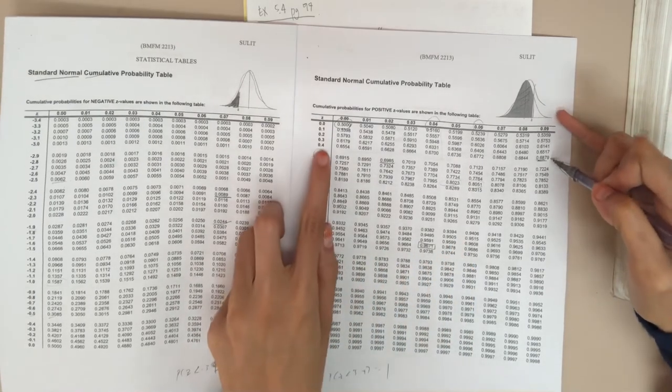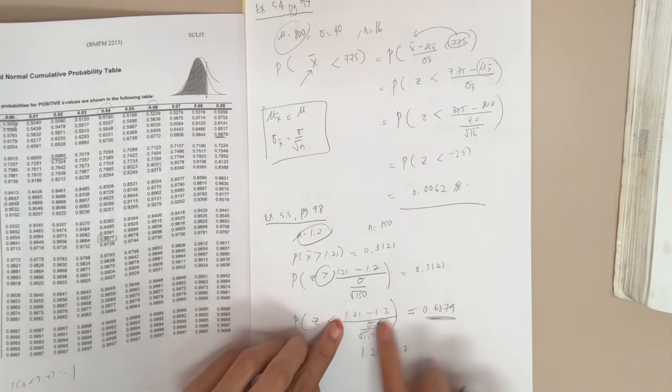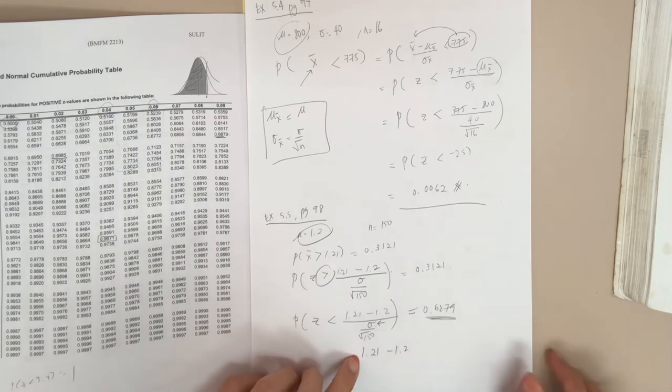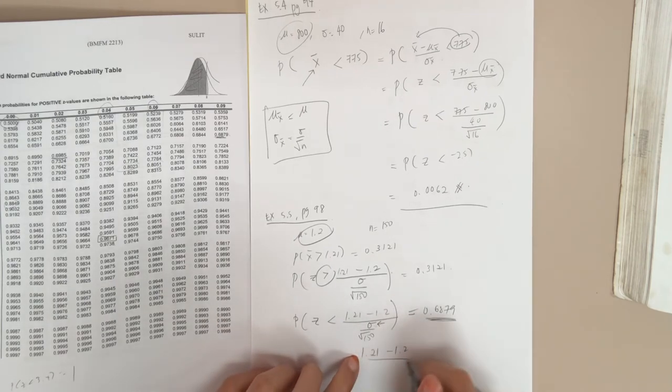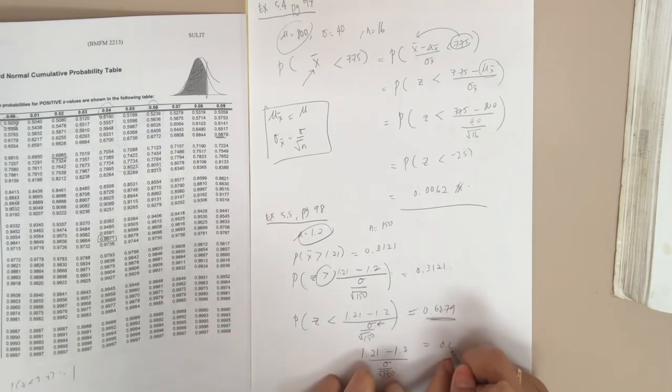So it will be 0.49. Class, what we do is just write what we have inside here: 1.21 minus 1.2 over the square root of 150 is equal to 0.49.